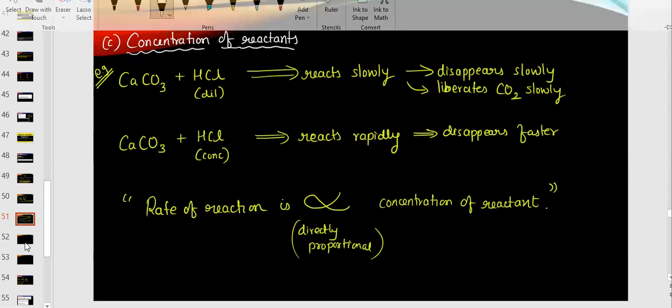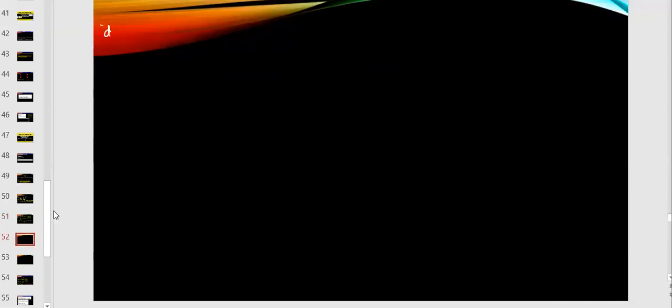Let's discuss the fourth point. What was the fourth point we were talking about? Temperature. The next factor is temperature. Based on temperature also there may be changes in the reactions. Temperature of the reaction.